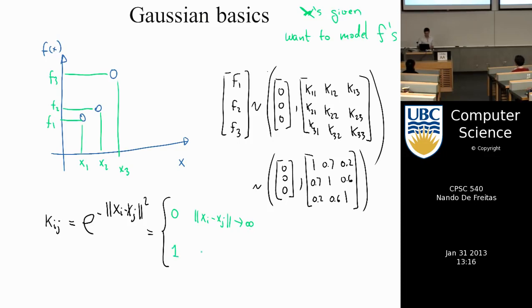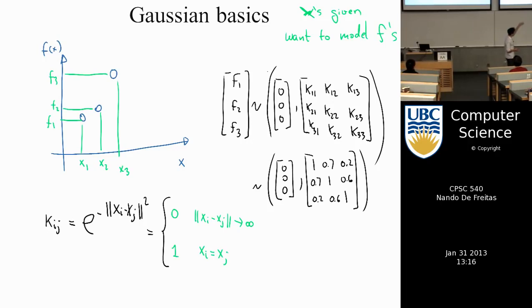It will be 1 when xi is equal to xj. So in particular, that's why we get the 1s along the diagonal. So that function would allow me to get an SPD matrix.